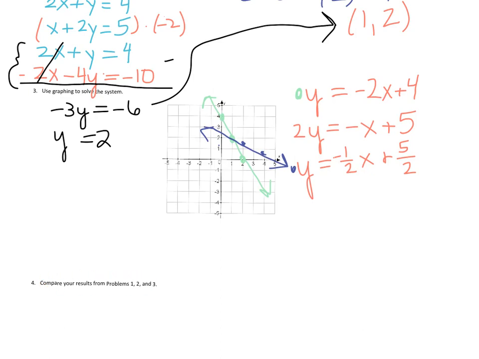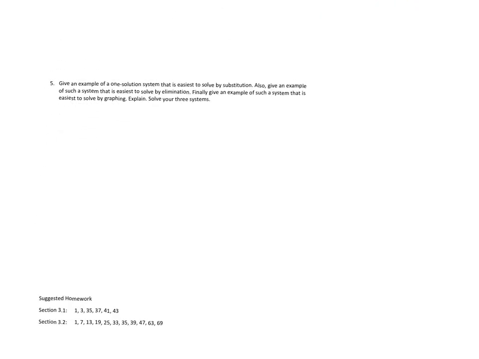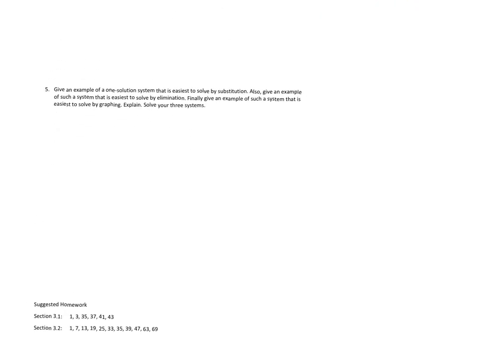You guys can write that down in your own words. And then using that information, we can talk about a one-solution system, so it intersects once. That would be easiest to solve by substitution, and maybe that would be one that had a variable like x equals 2x minus 5.